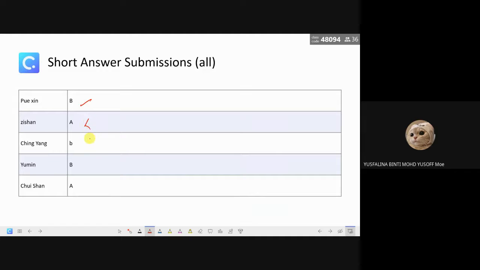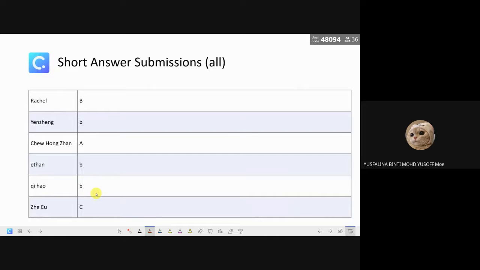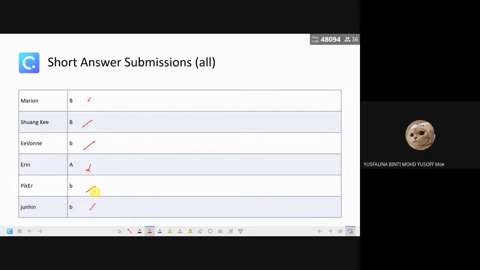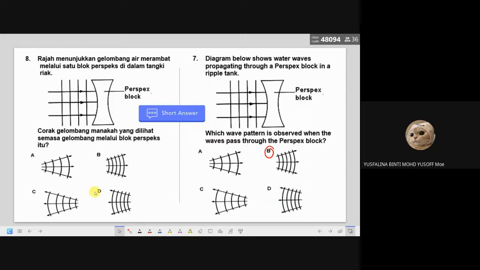Mostly answered A, right? The answer should be B. Because if you put the perspex block inside the ripple tank, at the part where you put the perspex block, the depth of the water will be shallow, and this one should be the deep area. So you already know when the water travels from the deep to the shallow area, there will be a change in the depth of the water, so a change of the wavelength.